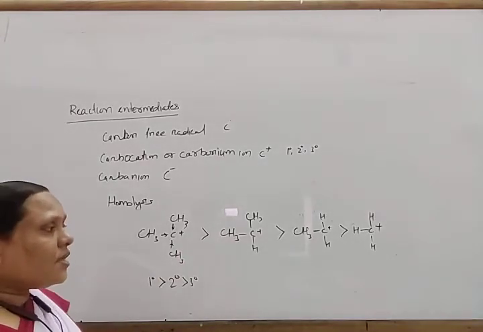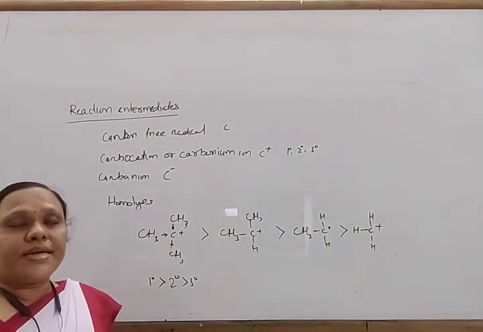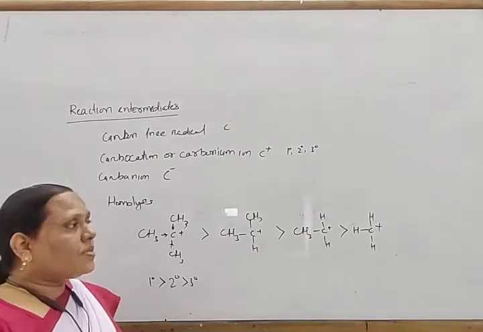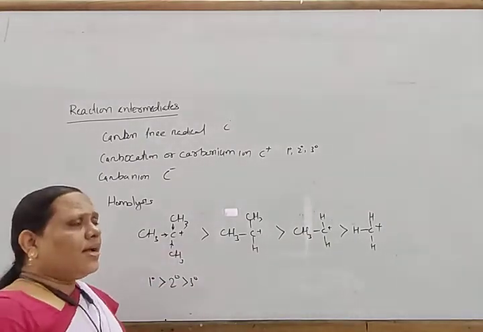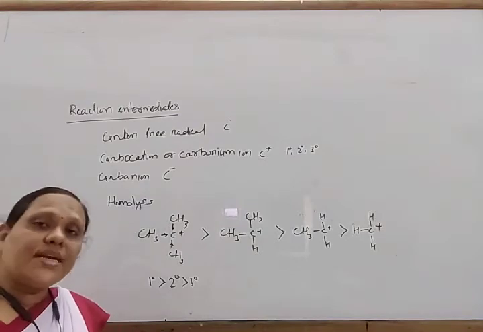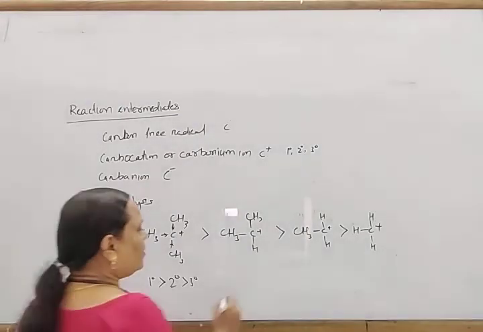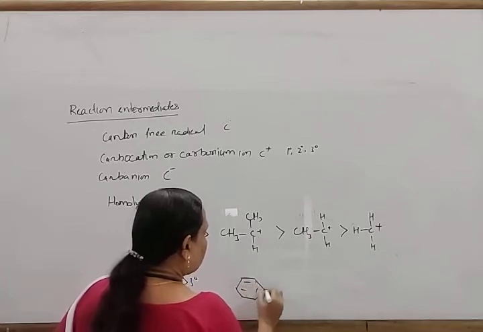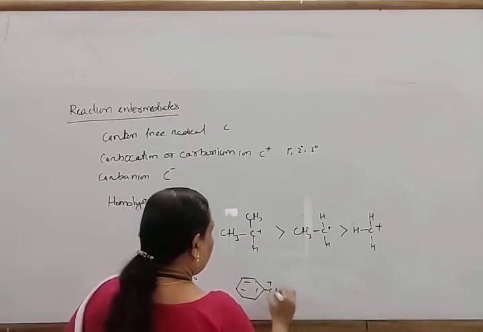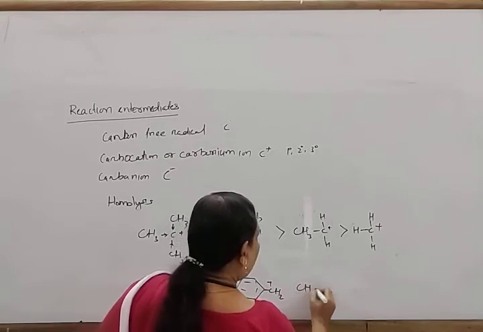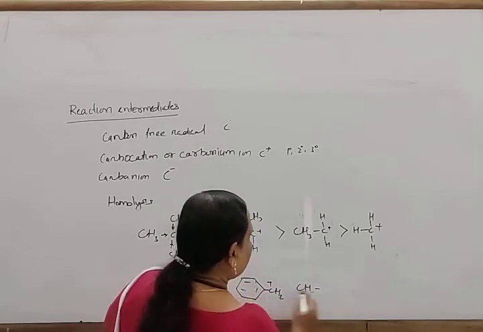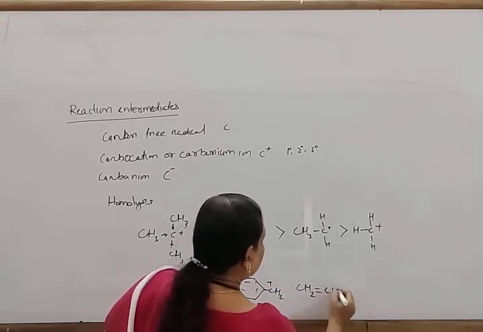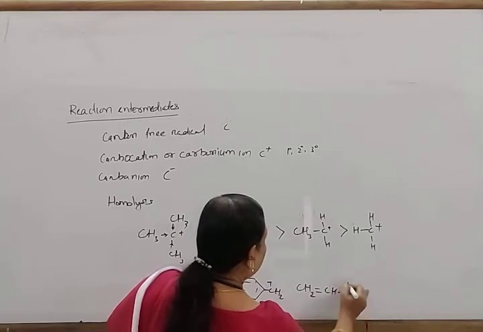Similarly, if we consider the benzyl carbocation and the allyl carbocation, these are more stable due to resonance. This is benzyl carbocation, C6H5CH2 plus, and this is allyl carbocation, CH2 double bond CH single bond CH2 plus.